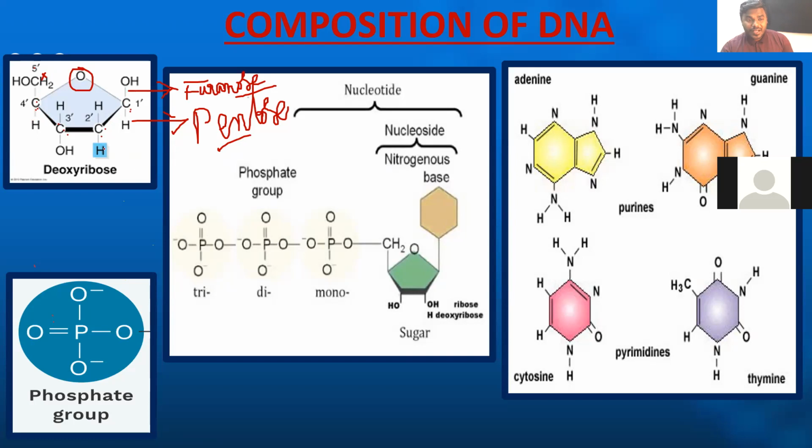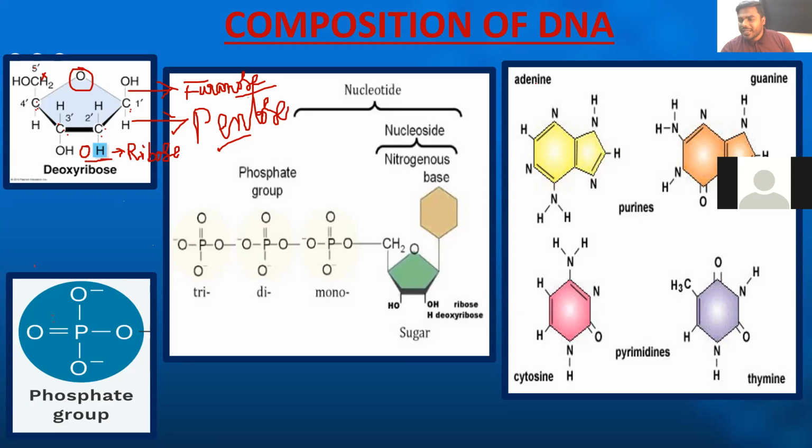Now you all know very well, if you look into the second carbon, if the second carbon contains an OH group, then I will be calling this a ribose. So we call our RNA ribonucleic acid all the time. The reason behind that, it contains an OH group.